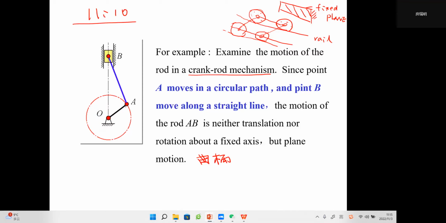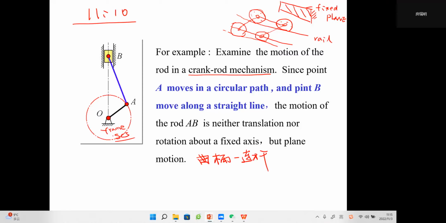That means this OA will rotate around point O. And rod means 连杆, you know? The connecting rod means this rigid body AB. You can find that this AB does not connect with the frame. Do you still remember what the frame is? The frame is our SCS, the stationary coordinate system.